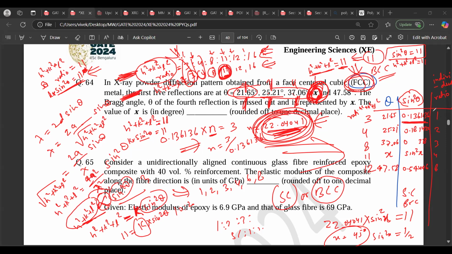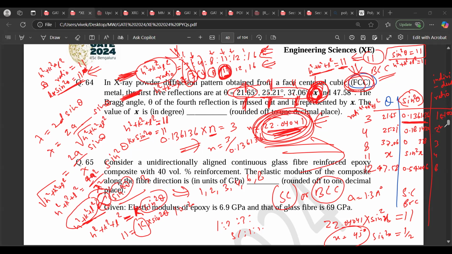Okay, so in that case, A is given, let's say 1.3 angstrom. Then you can find out. Assuming this is SC, then this first peak will become 100.